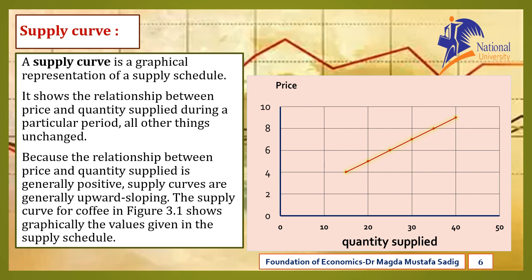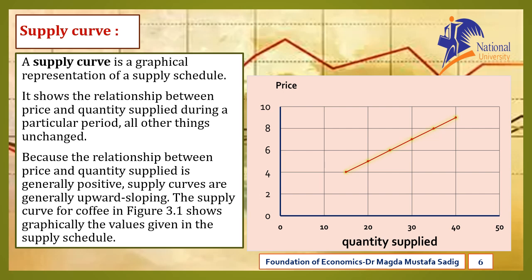A supply curve is simply a graph that shows the relationship between the price of a good, that is situated on the vertical axis, and the quantity that producers are willing to supply over a specific period of time, and that is situated on the horizontal axis.